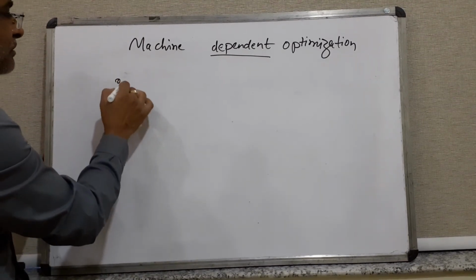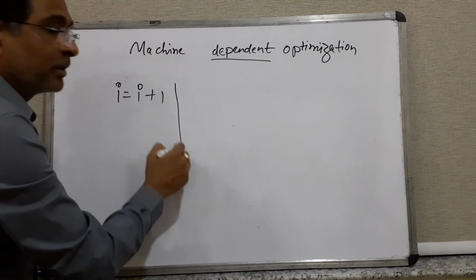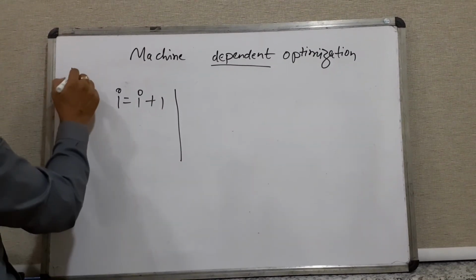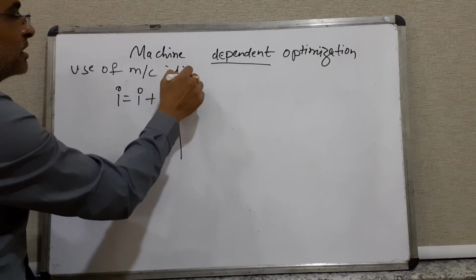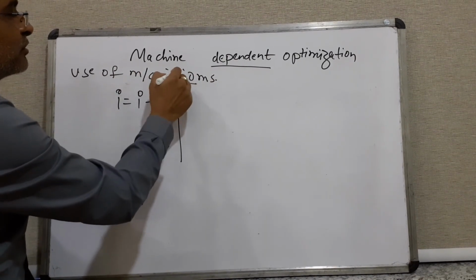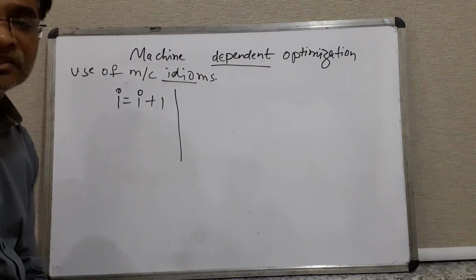So let's say i = i + 1 is the situation. What would be the appropriate code for this? Idioms means I have a specific instruction for that.